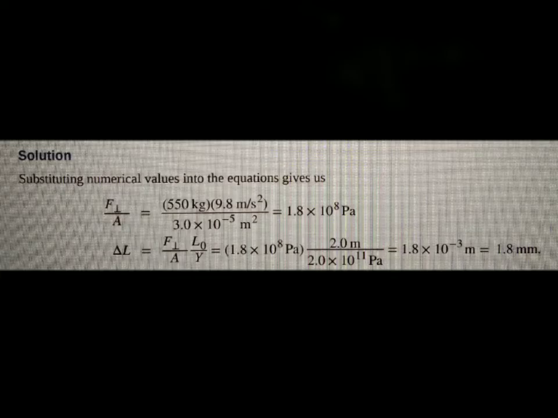So, first, we compute the tensile stress in the rod under the weight of the platform in accordance with equation 12.34, which is tensile stress equals deforming force divided by the cross-sectional area. Then we invert equation 12.36, which is Y equals tensile stress divided by tensile strain, to find the rod's elongation using the original length equals 2.0 meter.